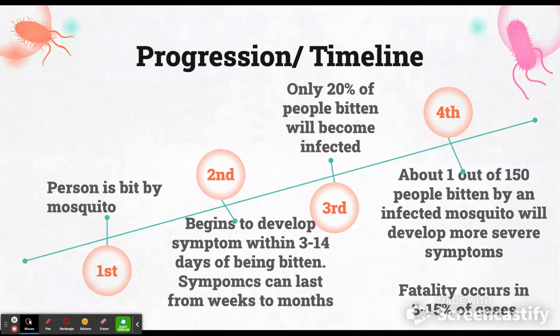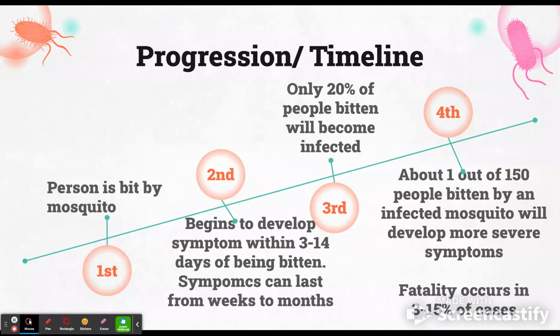So the progression and timeline of West Nile obviously begins when a person is first bitten by a mosquito that has been infected by a bird. Once the person receives that mosquito bite, they typically will begin to develop symptoms within 3 to 14 days of being bitten, and symptoms can last from weeks to months. Only 20% of people bitten will actually show symptoms.